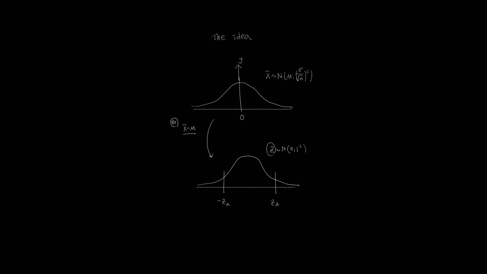This has the effect of moving the mean to 0, because the mean of the standard normal distribution is 0. And we divide by the standard deviation of the variable, which is the standard error here, to make the scale 1.